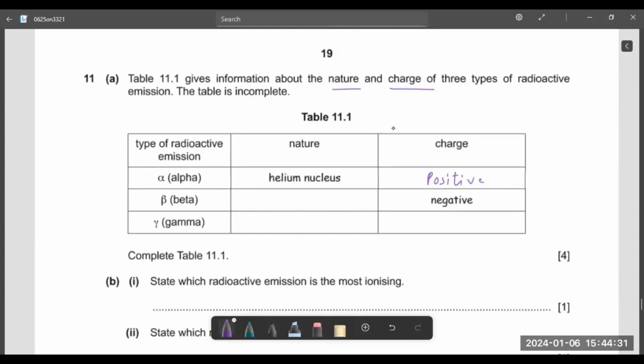Beta is negative, and the nature of beta is electron. Gamma rays are electromagnetic rays, an electromagnetic wave, and neutral in charge.